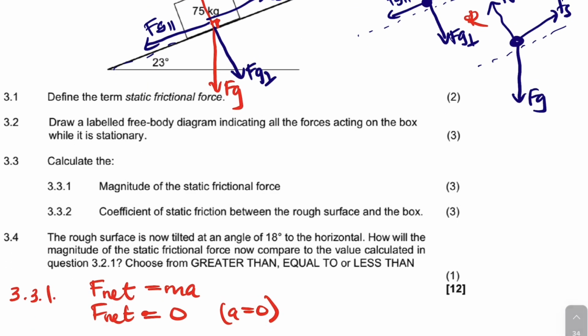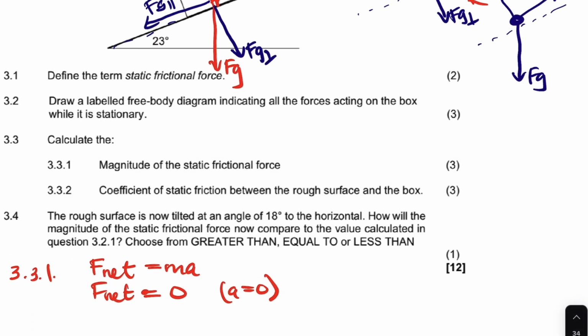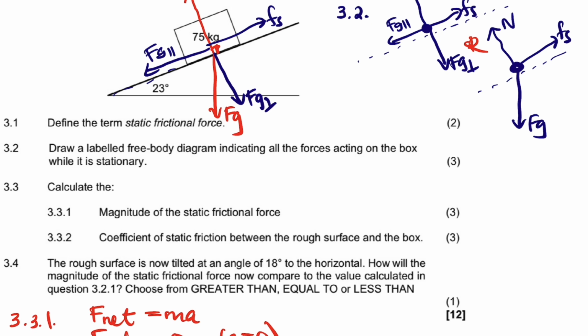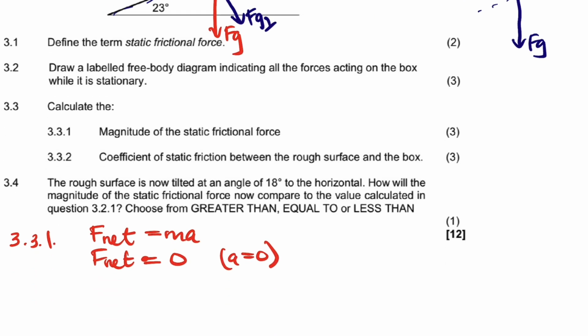And then the forces that are acting parallel to the surface, or the forces that are involved in the movement, are those two. And then I choose down the slope as positive. So FG parallel is going to be positive minus the Fs, which is the static frictional force, equal to 0.